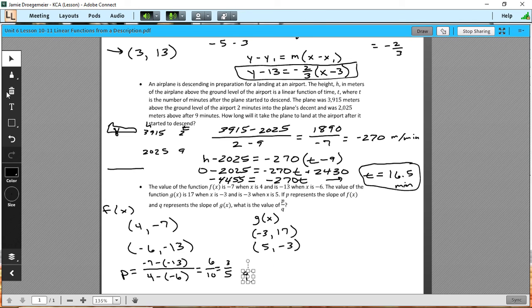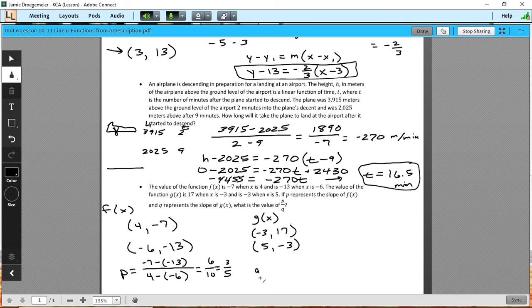Now let's figure out what q is going to be. So for q, that's finding the slope of this g of x function. And so that difference between our y values again, 17 minus -3, over the x values, that's -3 minus 5. 17 minus -3, that's the same as 17 plus 3, which is 20. -3 minus 5, that's -8.